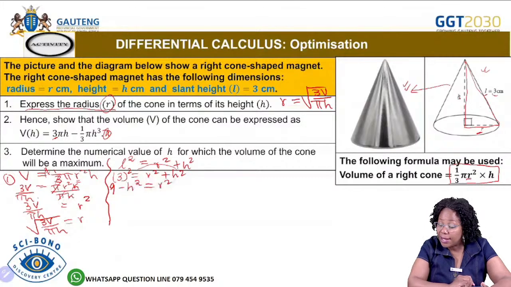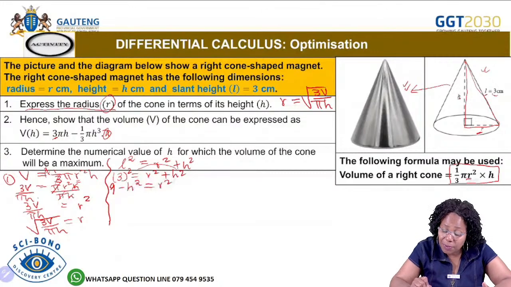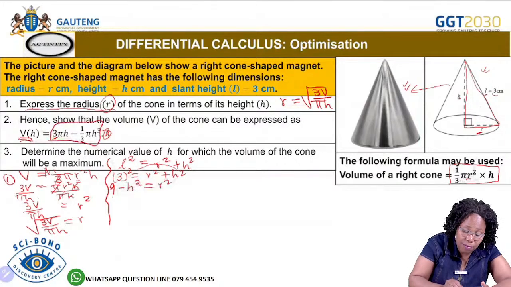And then from here now, we are going to take this into our expression here, right? Where we are having a volume. Remember the question says write the volume in this format. Let's see now. We were given the volume being 1 over 3 pi r squared multiplied by h.